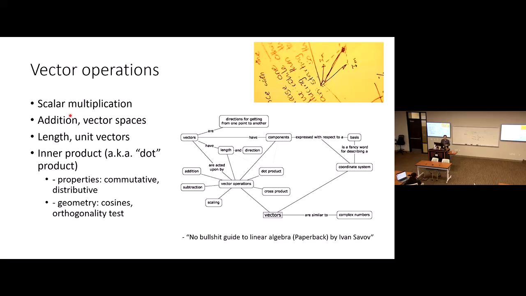You can do addition. So if you have 2 vectors, so this is A, then you have a vector B. So A is represented by 3 numbers here. B is also represented by 3 numbers here.